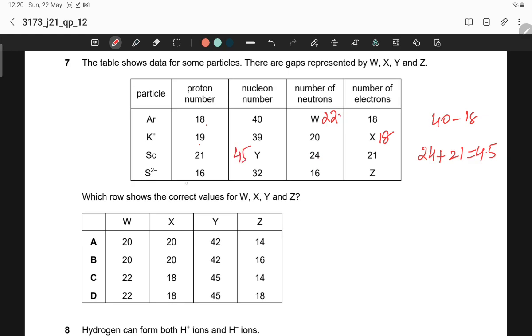And for sulfur 2 minus, 16 is the proton number, nucleon number is 32, number of neutrons is 16. What would be the number of electrons, Z?